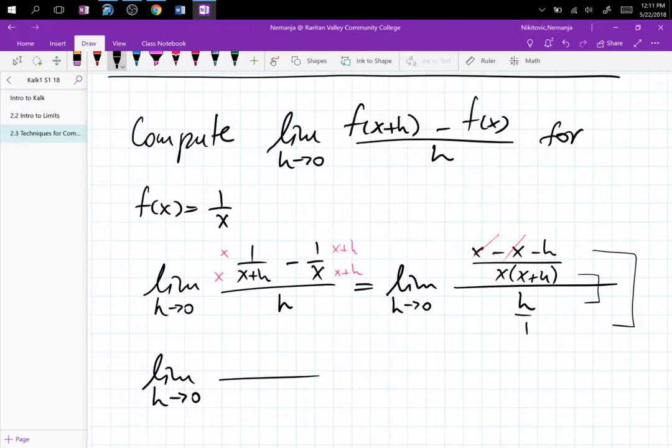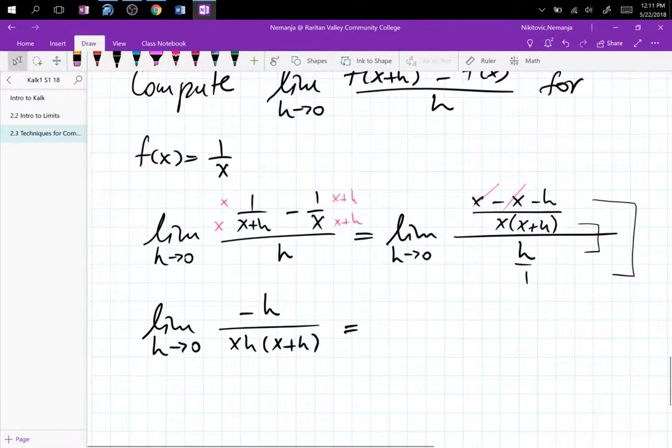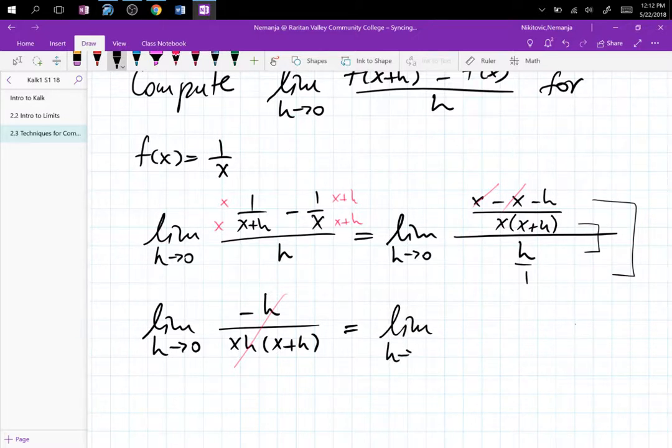So it's 1 times negative h that goes in the numerator, and you have x times h times x plus h in the denominator. So that's that. h will cancel. And what we have is the limit as h goes to 0 of -1 divided by x times x plus h.